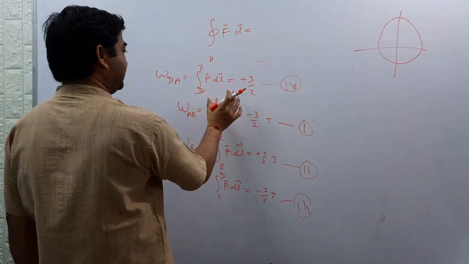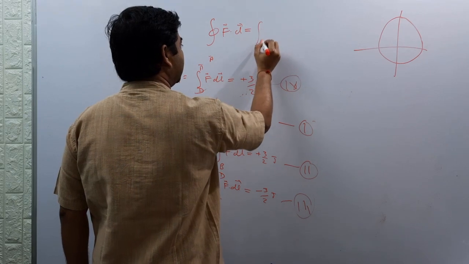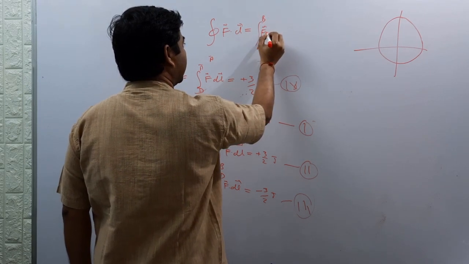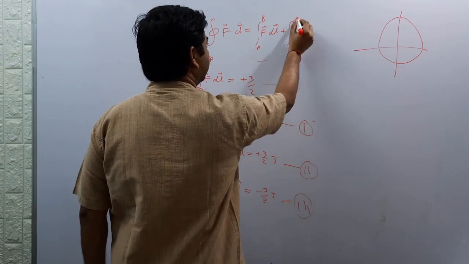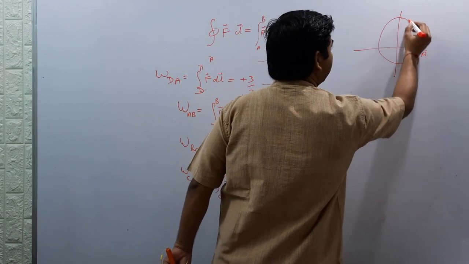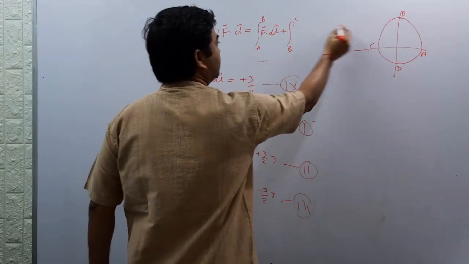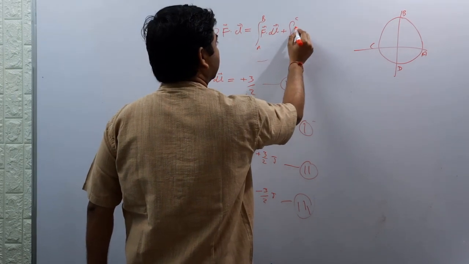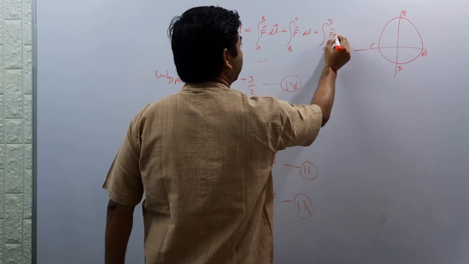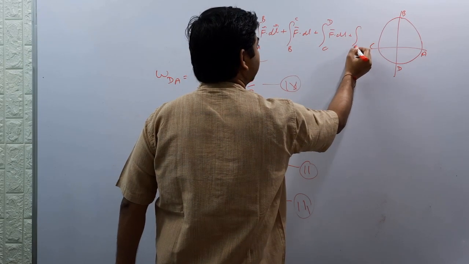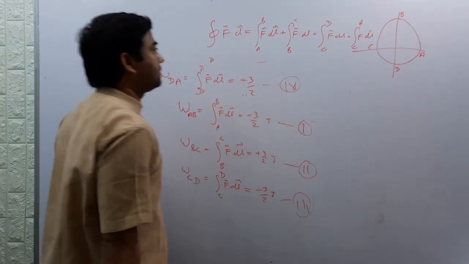So that is the line integration from A to B of F dot dl, plus the line integration from B to C of F dot dl, plus the line integration from C to D of F dot dl, plus the line integration from D to A of F dot dl.